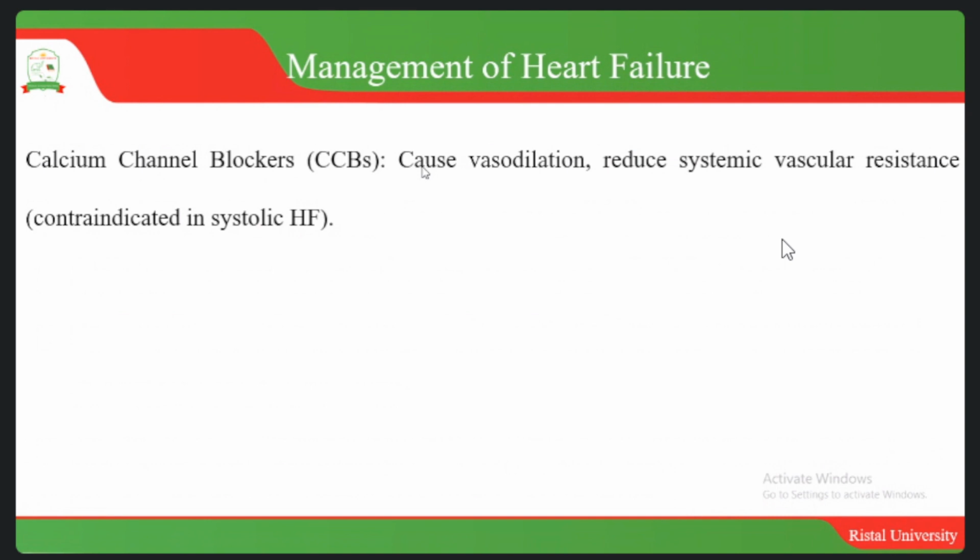Vasodilation is very important for the blood vessels so that blood can pass through easily without resistance. So they prevent vasoconstriction and also reduce the systemic vascular resistance. For that reason it is key for us to use them, but not with patients who have systolic heart failure.